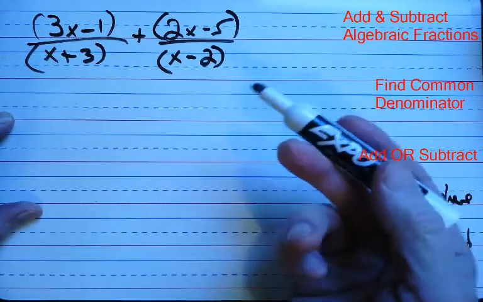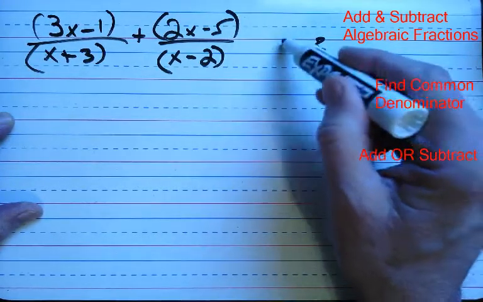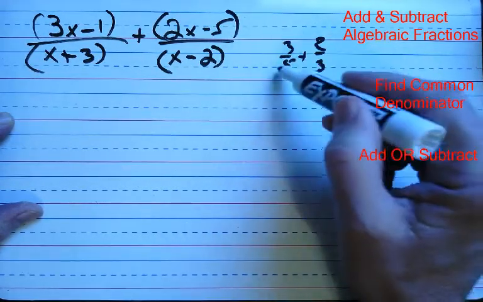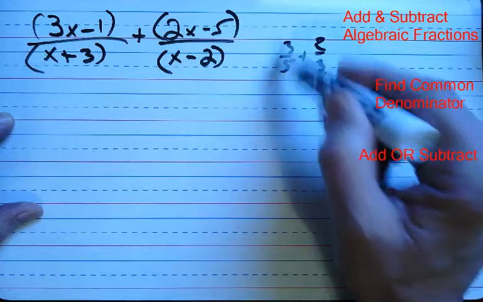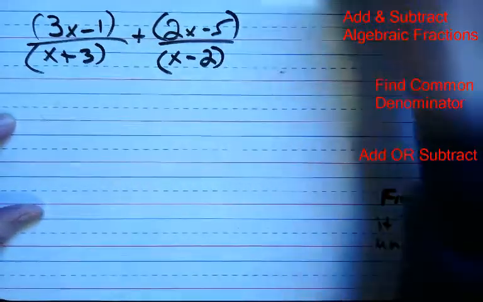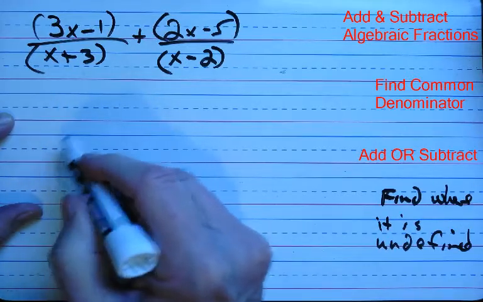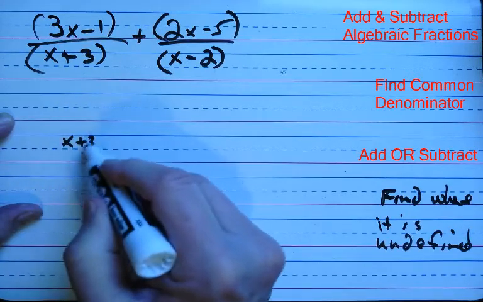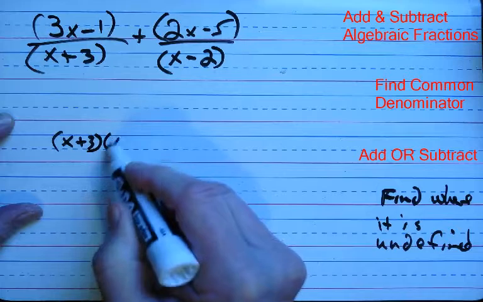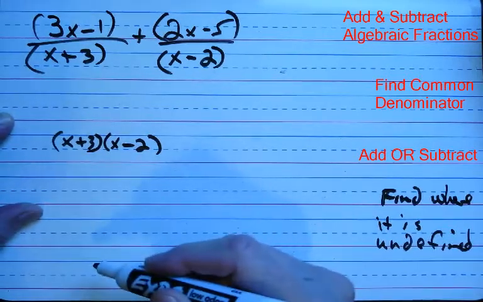Just like before, if I had 2/3 and 3/5, I had to multiply these guys, right? That's what we're doing here. We have to have common denominators. So that would be x plus 3, x minus 2. That's the common denominator, right?